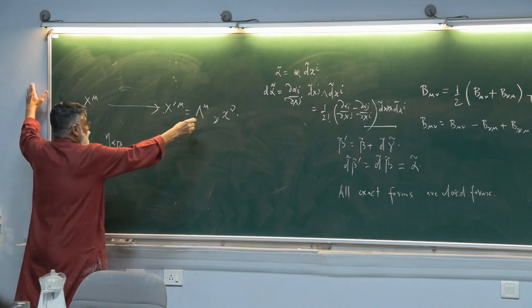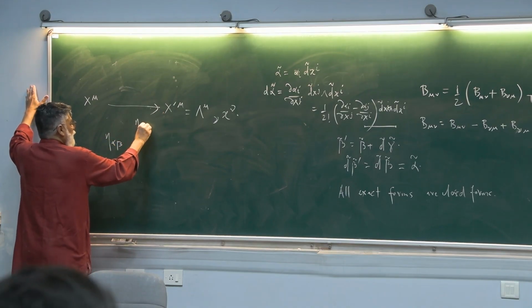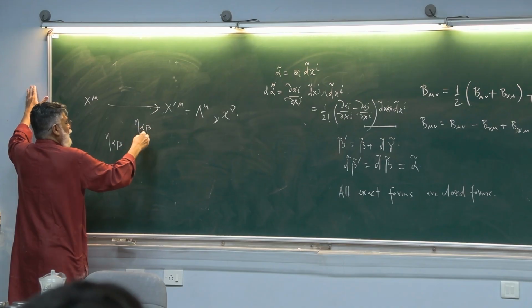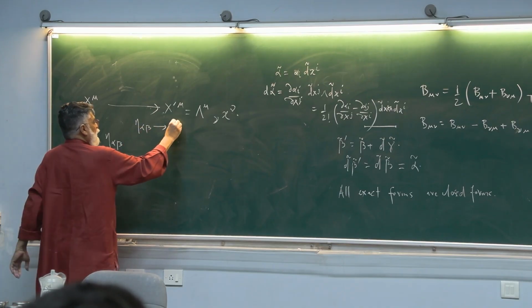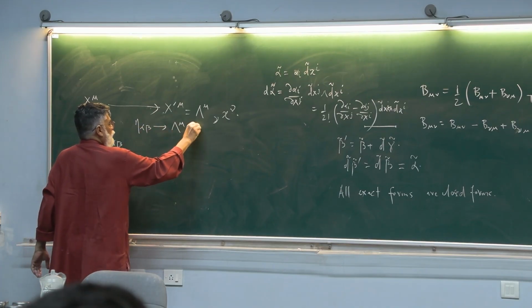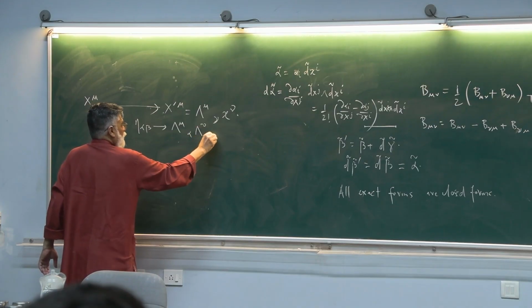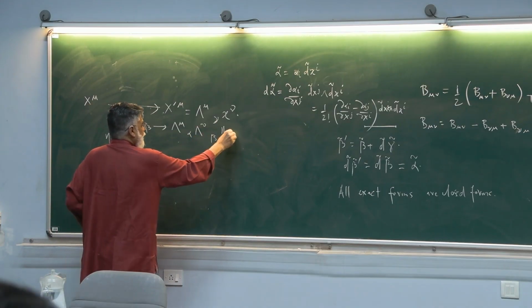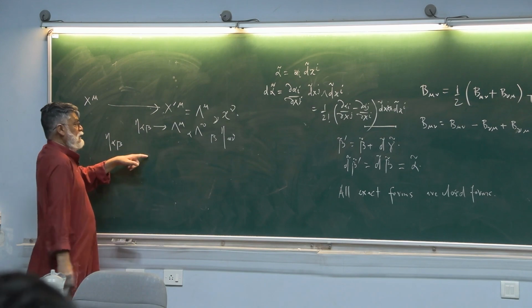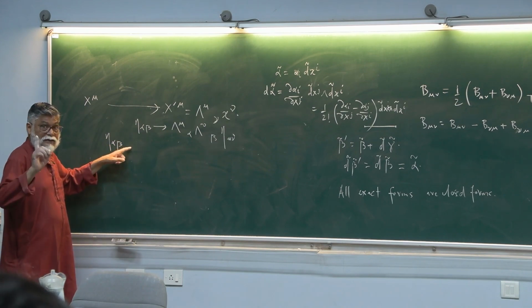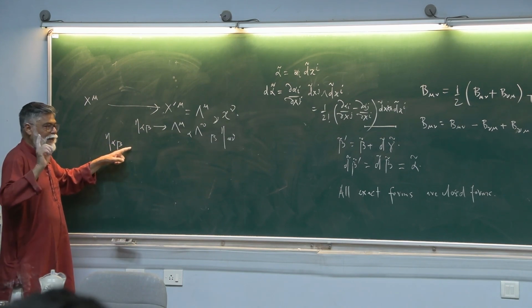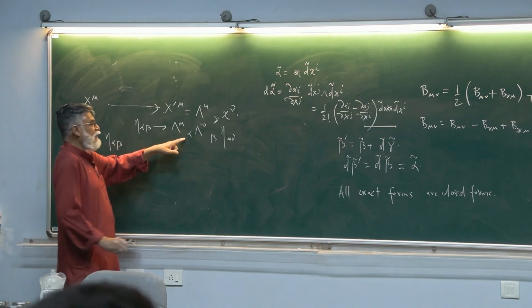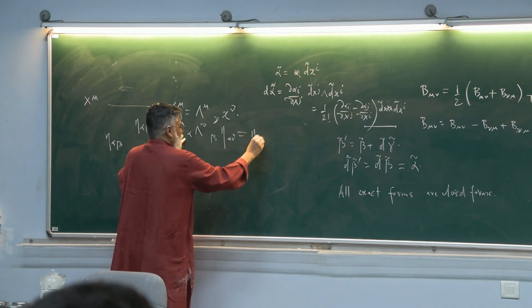So x mu goes to this. Eta alpha beta is a second rank tensor, so it will transform like this. But what Minkowski realized is that this object is the same as eta alpha beta.